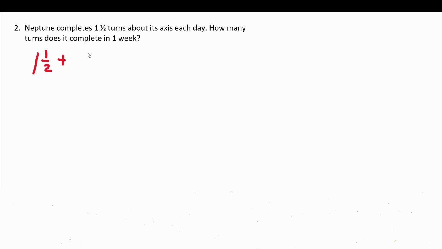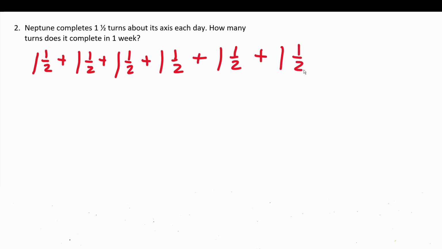1.5 plus 1.5 plus 1.5 plus 1.5 plus 1.5, and that's 1, 2, 3, 4, 5, plus 1.5 plus 1.5. If you added all these up, you would figure out how much it turns in a week.